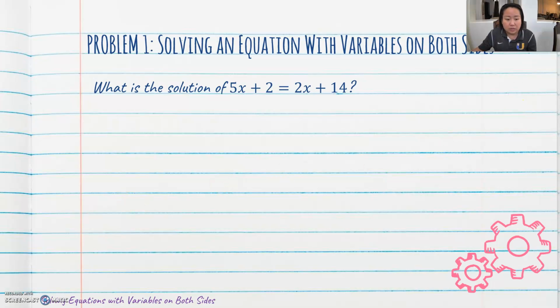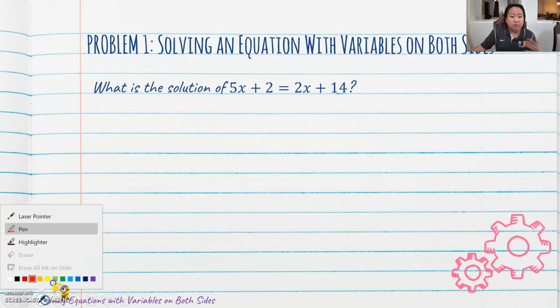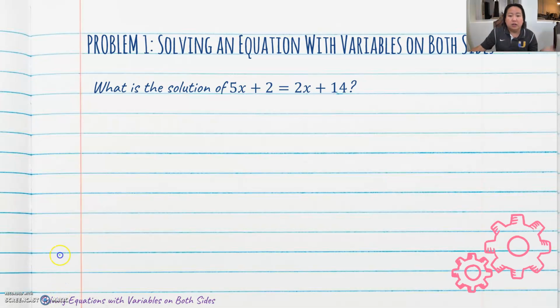Now, as you can see, according to the given example here, you have x as our variable, and you can find it on the left side and also on the right side of the equation. So what you need is to make sure that you put all the variables on one side and all the constants on the other side.